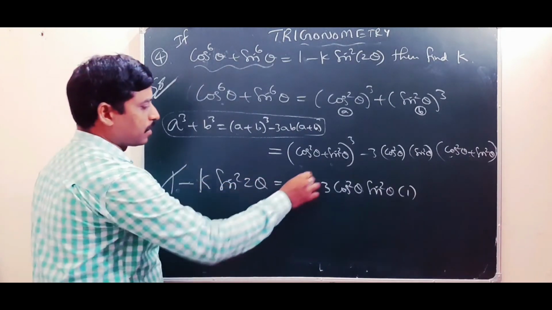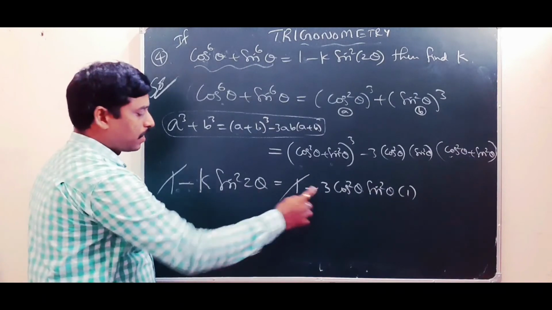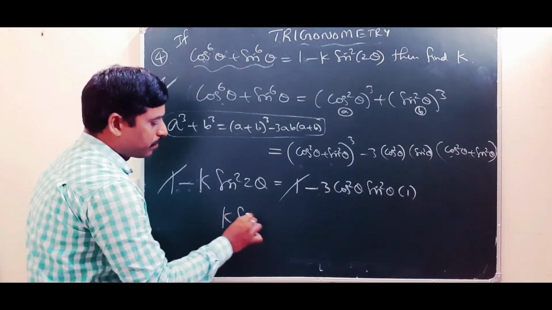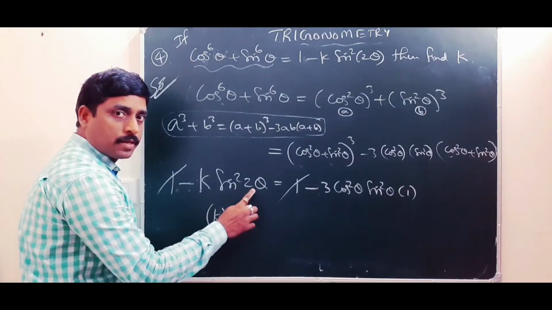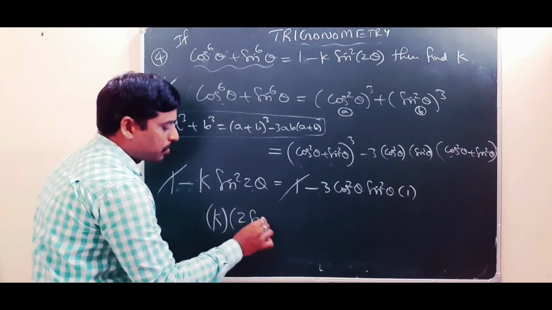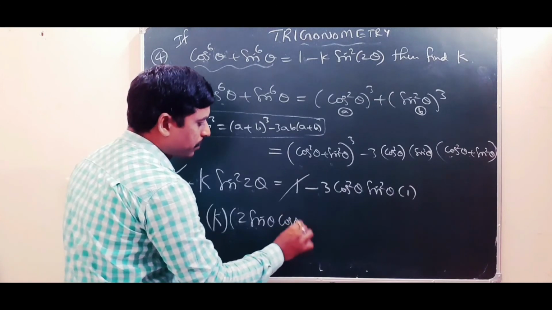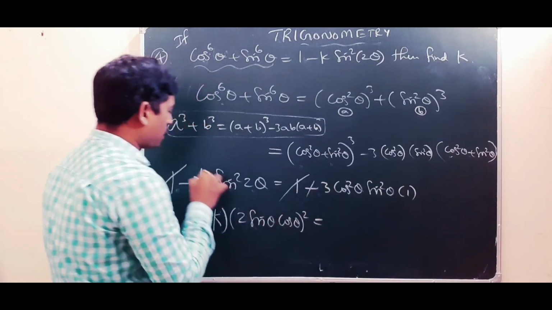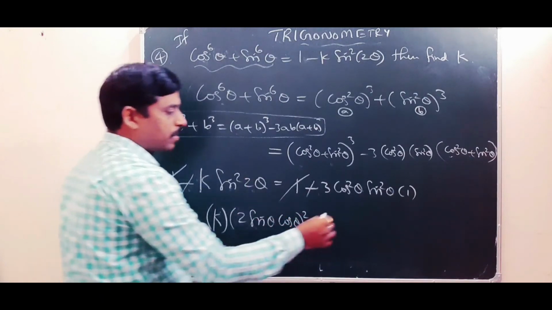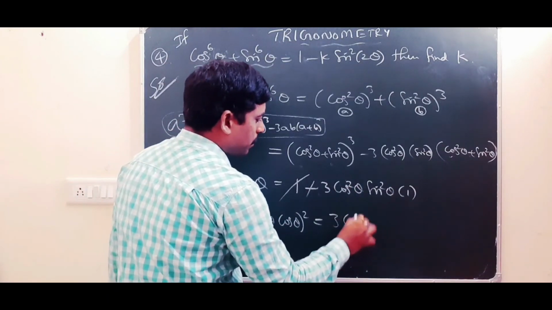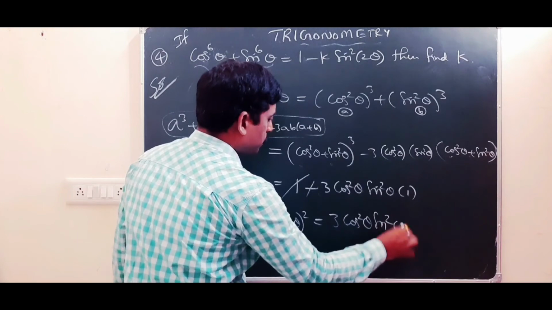On both sides 1 gets cancelled, as well as the minus sign. So k times (sin 2θ) whole square. Sin 2θ formula is (2 sin θ cos θ) whole square, equal to 3 cos² θ sin² θ.